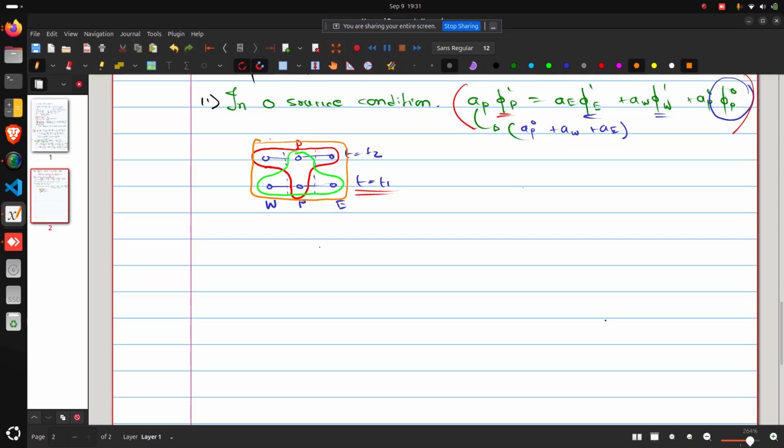These are the different types of conditions that we will explore later. This dependency comes from the implicit time stepping, this will come as a consequence of the explicit time stepping, and this whole orange thing will come out as a consequence of the Crank-Nicolson scheme, where we have the f value of half.